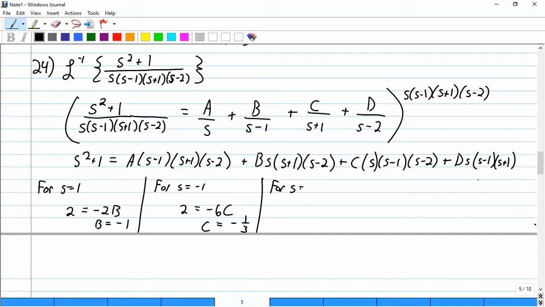For s equal to 2, that'll be 4 plus 1 is 5, equals 2 times 1 times 3, so that's 6, right? So we get d equals 5/6.